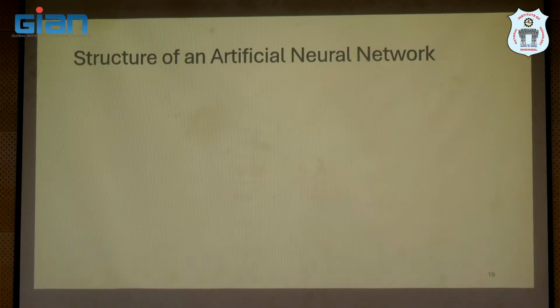So usually you will see there will be multiple hidden layers. 1, 2, 3 in one layer. 1, 2, 3 in another layer, or 4 in another layer. And then you will have output. And then you will have maybe 5 or 6 inputs. Okay.